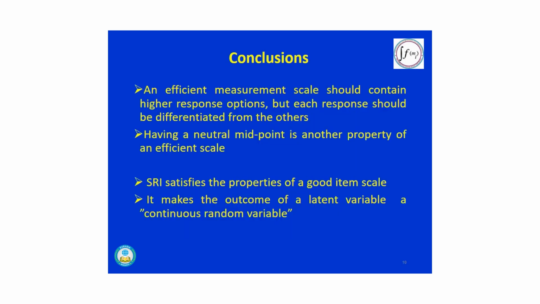The SAMA radial indicator satisfies the properties of a good item scale. The random variable should be either normally distributed or approximately normally distributed theoretically. I tested the model using real life data and found that they are normally distributed. So it makes the outcome of a latent variable a continuous random variable, solving a decade-old problem of abusing the Likert scale.